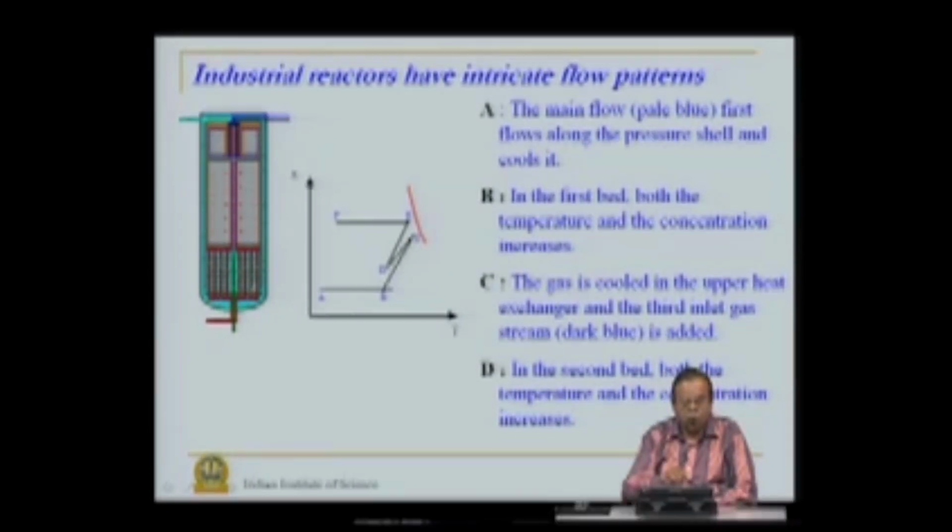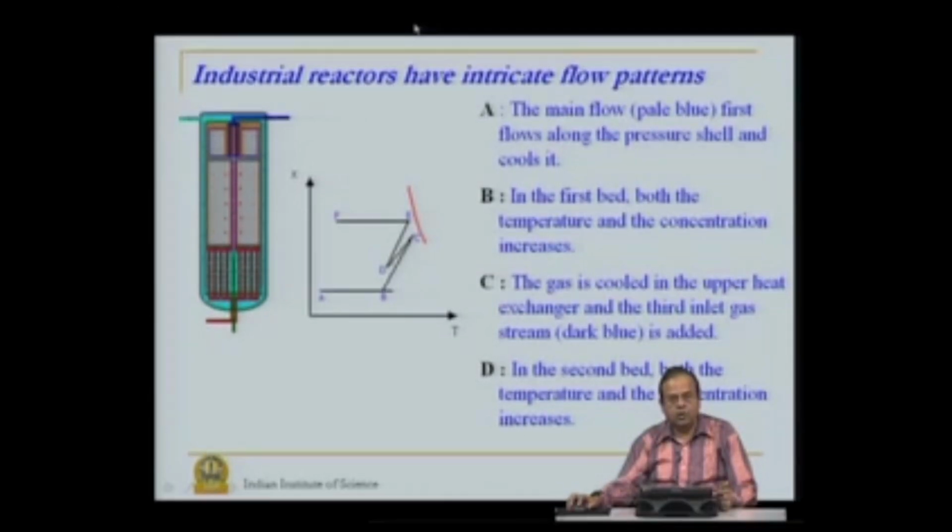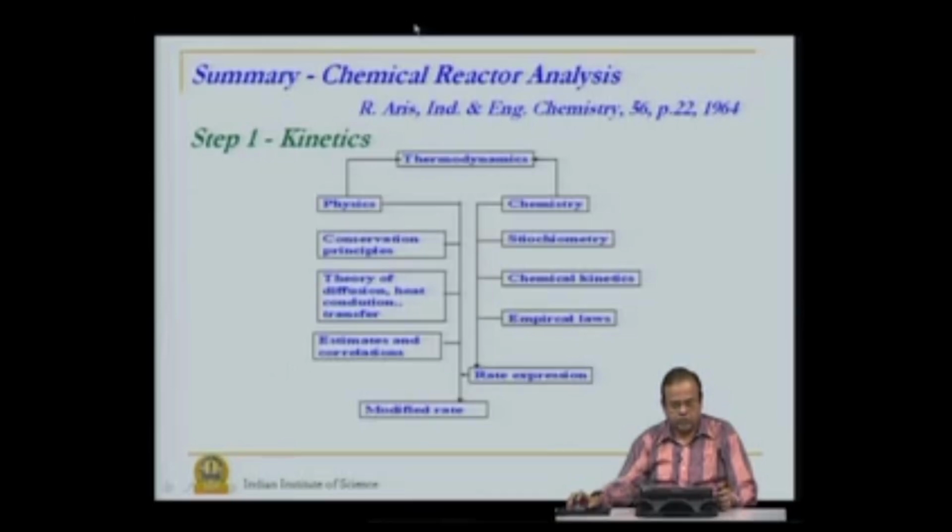That is, the flow patterns are quite intricate, not straight one-way entry, one-way exit. There are all kinds of loopings, and this is because of the reaction properties of these reactions, and we will study a little bit about this as time progresses.